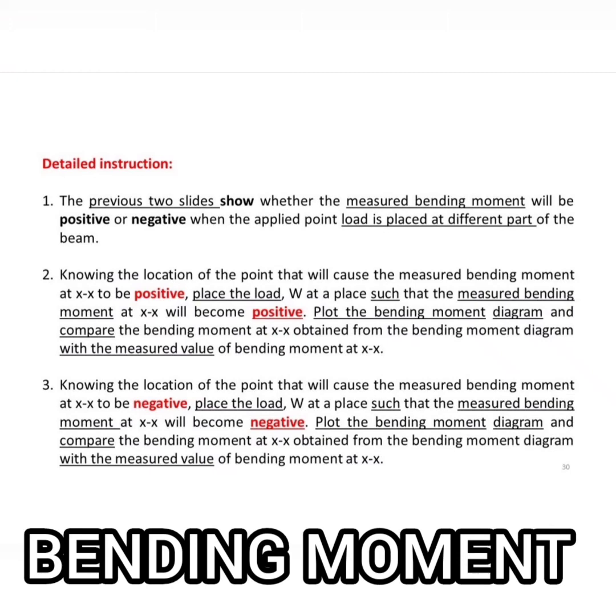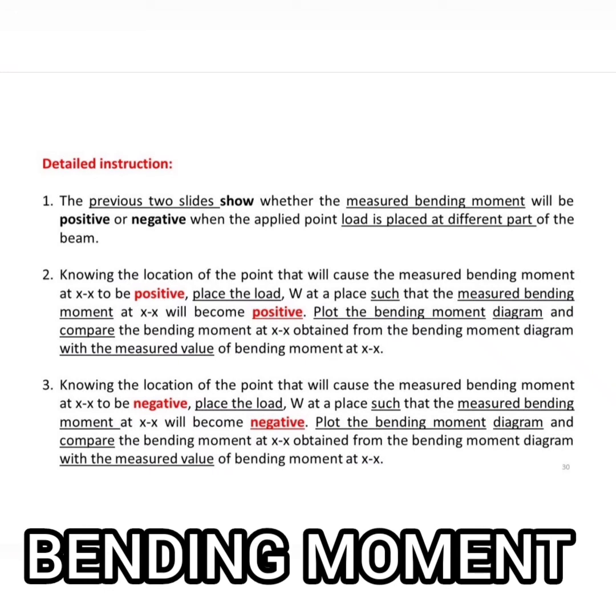Second, knowing the location of the point that will cause the measured bending moment at X to X to be positive, place the load W at the place such that the measured bending moment at X to X will be positive. Plot the bending moment diagram and compare the bending moment at X to X obtained from the bending moment diagram with the measured value of bending moment at X to X.